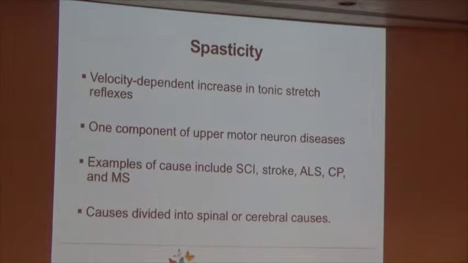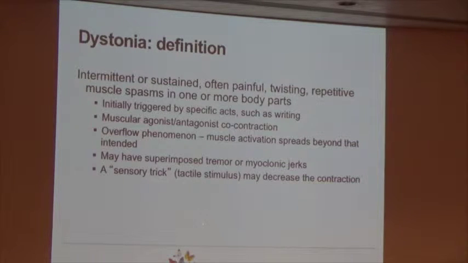Now, the reason this is important is because, as they point out, dystonia can also be a component of this disease. These intermittent, often painful, twisting, repetitive muscle spasms with contraction of both agonist and antagonist muscles can cause difficulty because, for instance, your rhizotomy is not going to do a lot for this particular type of movement.